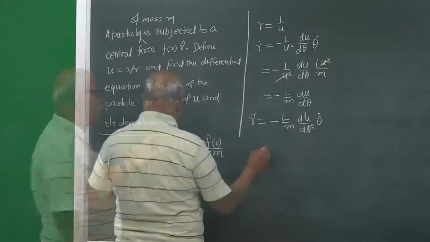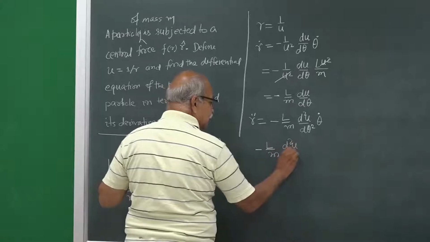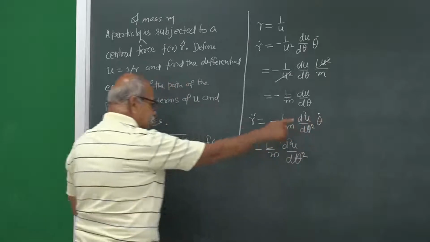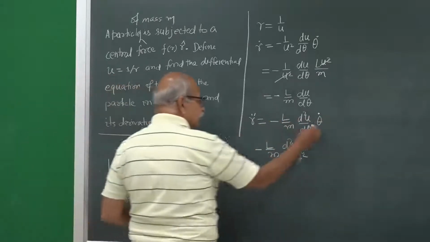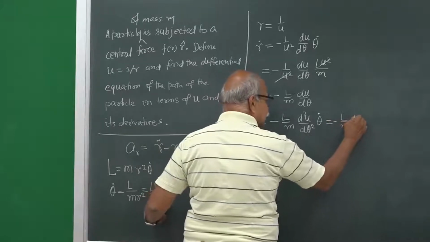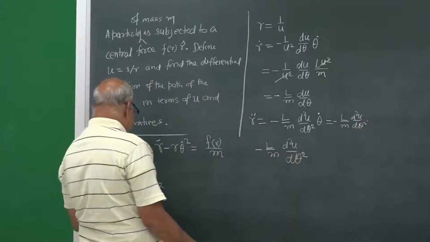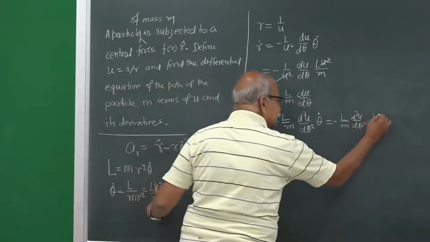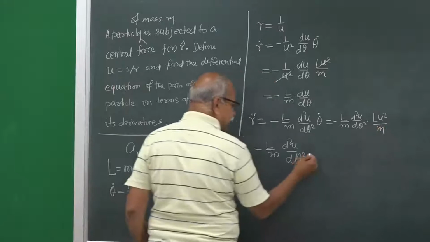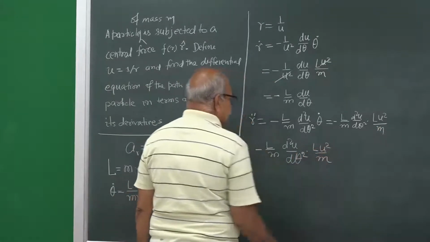So, r double dot is minus L by m d2u d theta square, and then theta dot. In fact, I can write this theta dot from here itself. This is equal to minus L by m d2u d theta square, and theta dot is L u square by m.